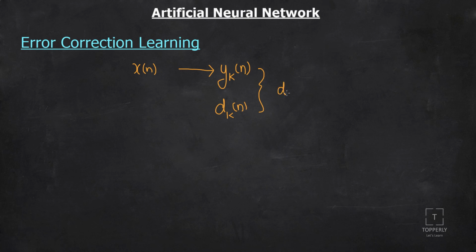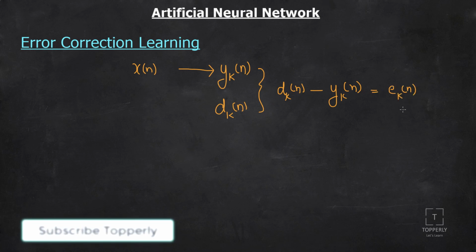So we can see that there is a difference between the desired response dk(n) and the actual response yk(n) at time n, and we define this quantity dk(n) minus yk(n) as error signal ek(n). So, what is error signal? Error signal is the difference between desired response dk(n) and actual response yk(n).